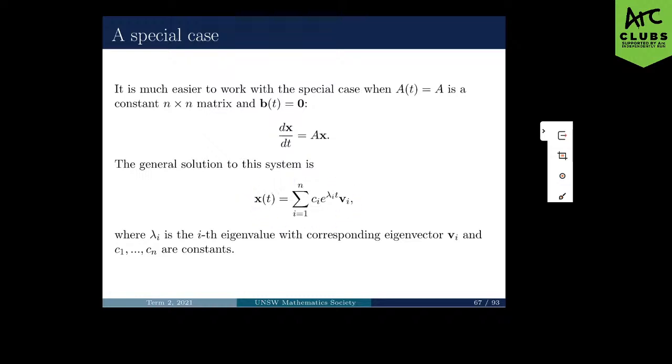We're basically just taking linear combinations of the exponential of an eigenvalue times t multiplied by its corresponding eigenvector. So that's one way of finding the general solution to this equation. But another way is to use matrix exponentials.